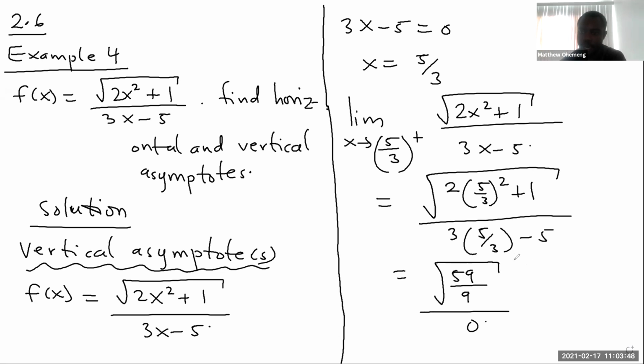With this number, you have a non-zero number over 0. So how do we get the actual limit? We have to look at the kind of values this is taking on. We know for sure that this will give us an infinite limit, since it's one-sided and it's a non-zero number over 0. But which kind of infinity is it? To check this, we analyze where the 0 is approaching from.